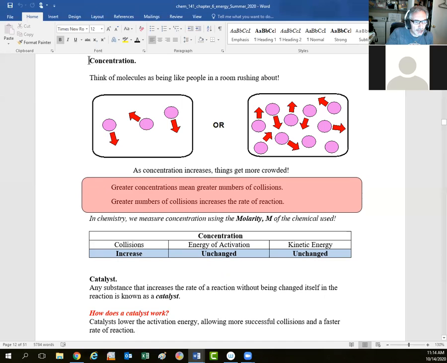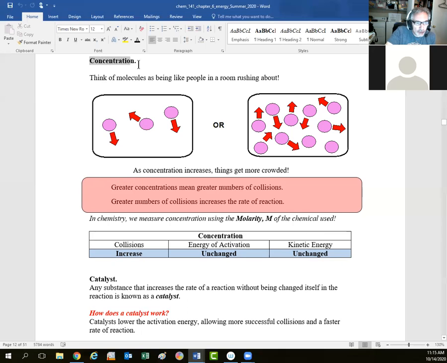Looking at our second factor, changes in concentration, just the sheer amount of stuff in the reaction. Of course, when things are less congested, like a picture on the left here, the molecules can move around with limited numbers of chemical collisions, like walking down the corridor during a class time and there's not many people striding around in the corridor.